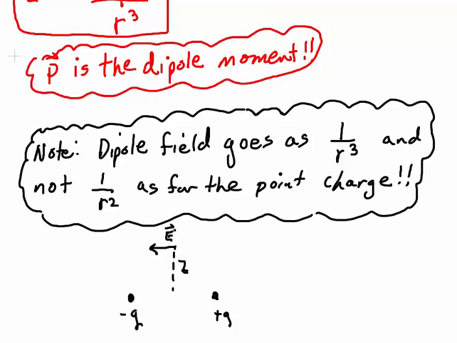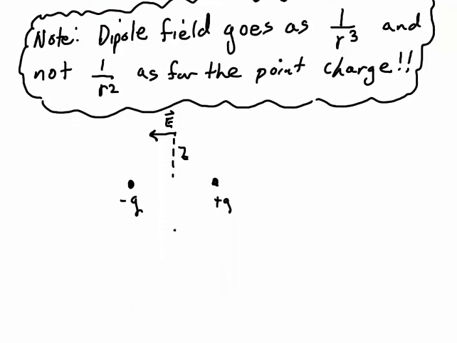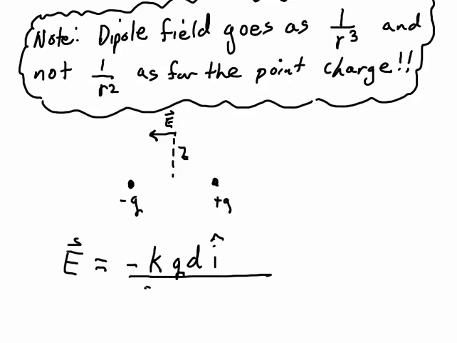And if we wanted to write that in terms of our other variables that we had in our problem, we could have written it as E is equal to minus k Q d i hat, and in our R cubed we had (d over 2) squared plus z squared to the 3/2.